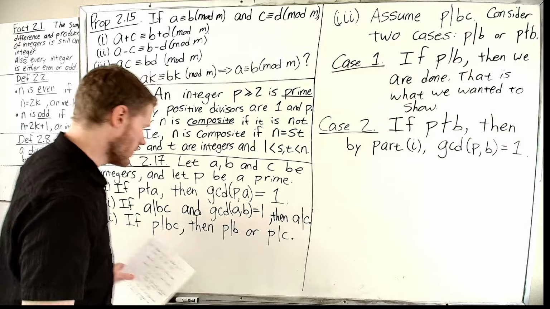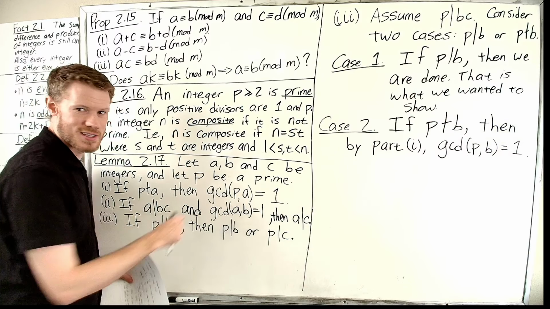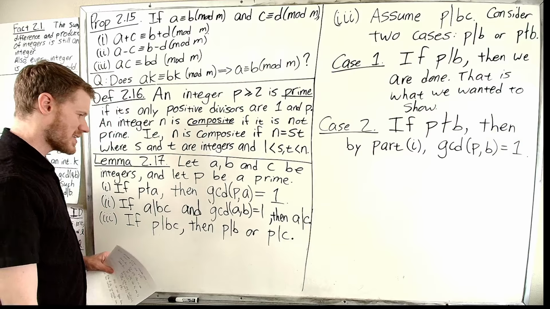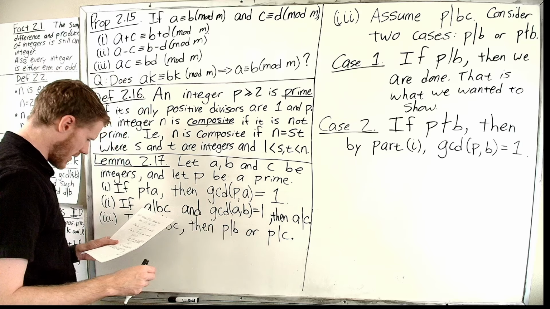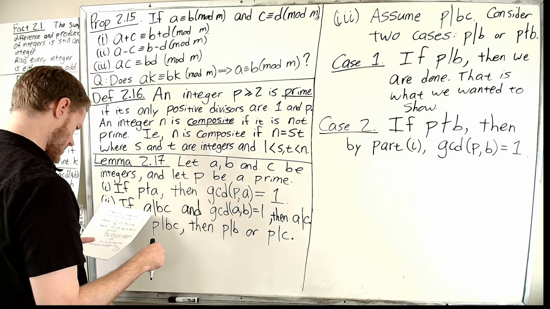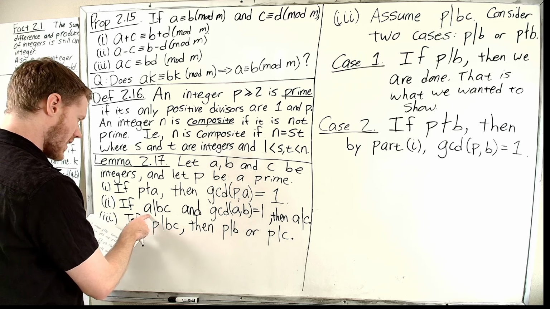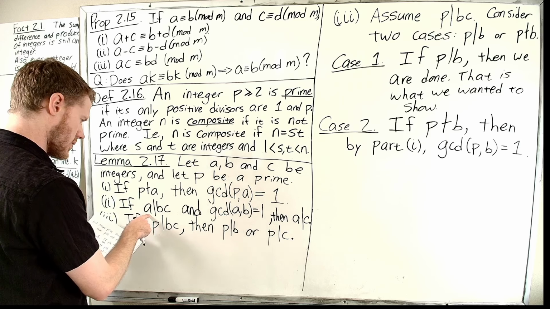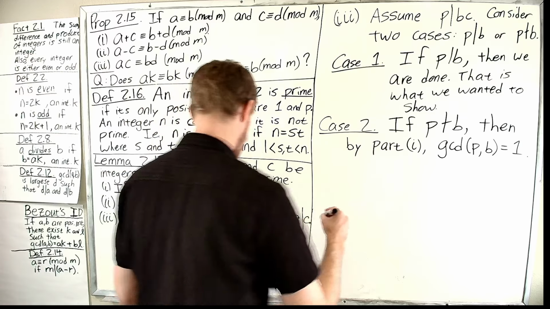And why is that helpful? Well, what does part 2 say about things where the GCD is 1? Part 2 says that if the GCD between two things is 1, and you have something... okay, so the P is the A here. Let me start writing.